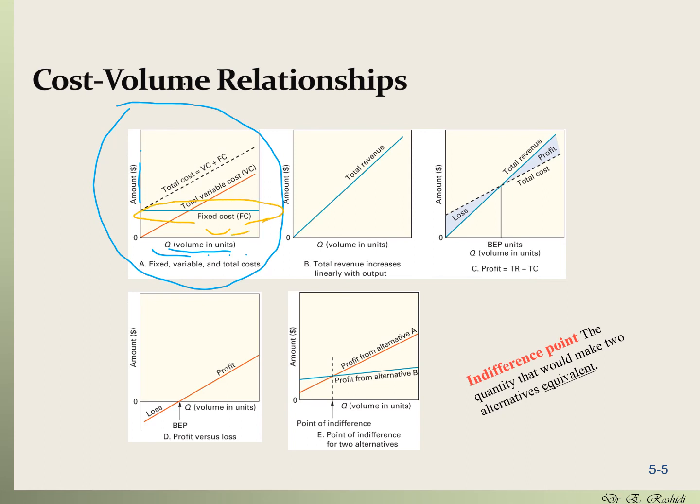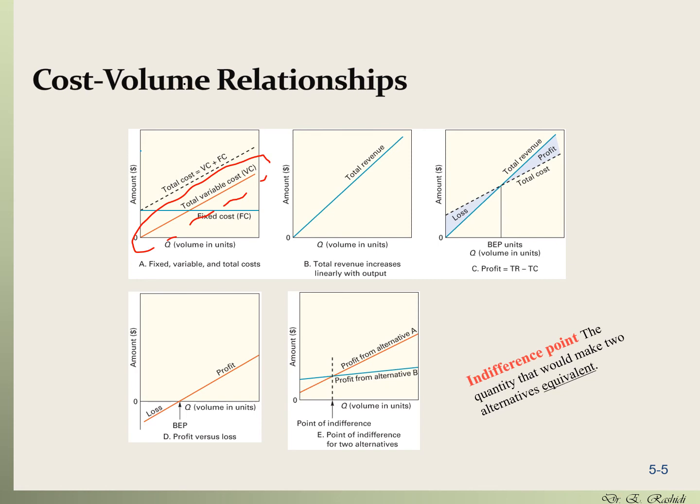As you see here, the cost is fixed no matter what the quantity. So if you go left or right on the quantity axis, the cost doesn't change. It's the same. The variable cost, however, is dependent on the quantity. So as you see here in this red plot, that shows the total variable cost.